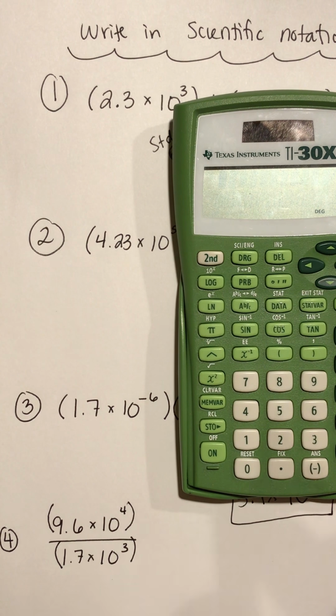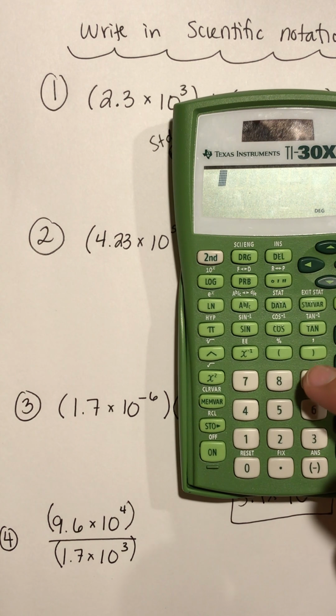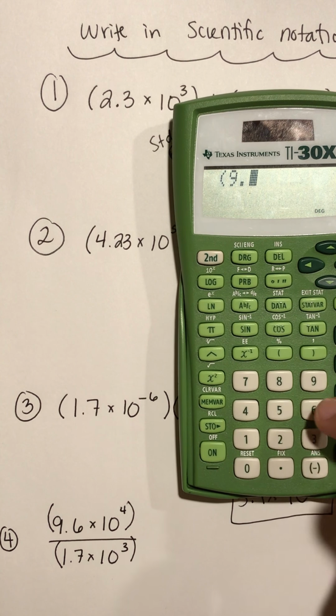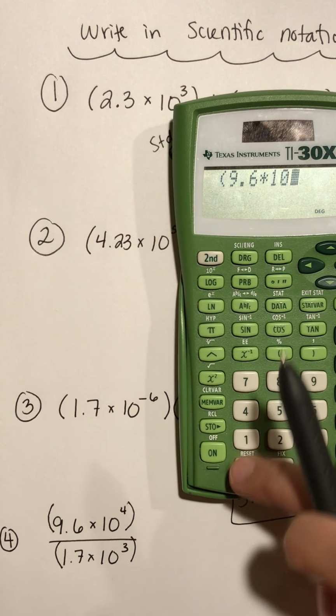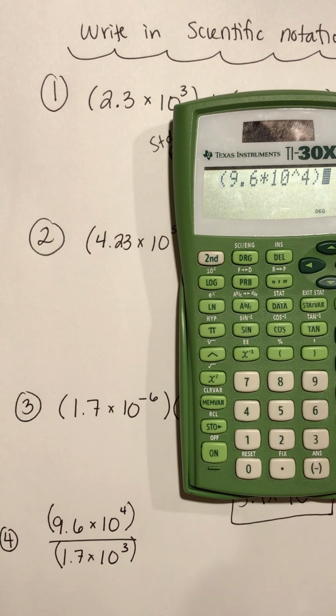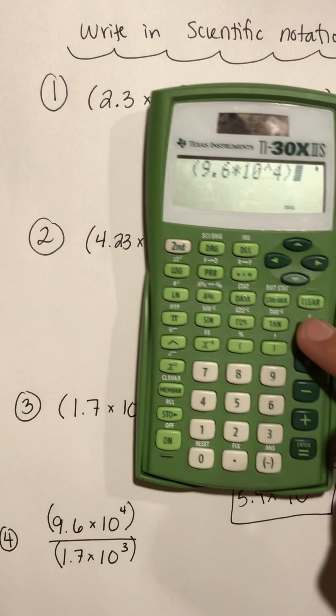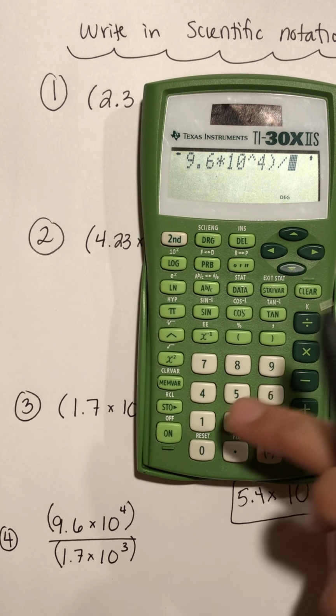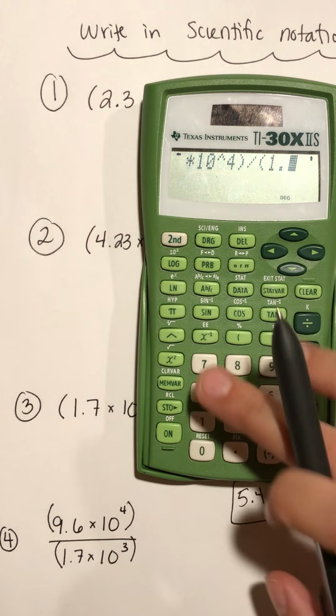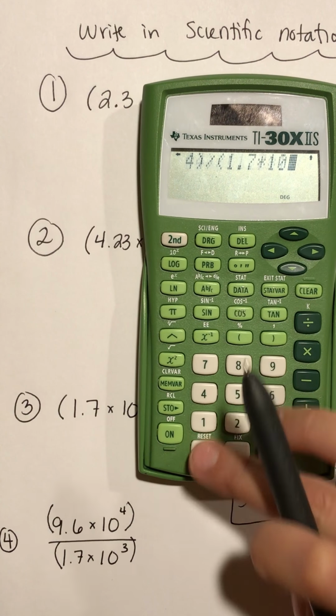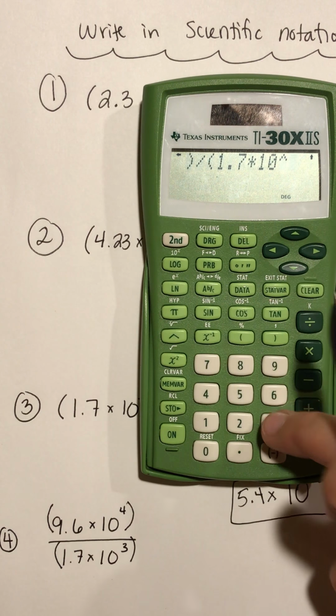So the numerator is parenthesis 9.6 times 10 caret 4. The division bar, parenthesis 1.7 times 10 to the 3rd power.